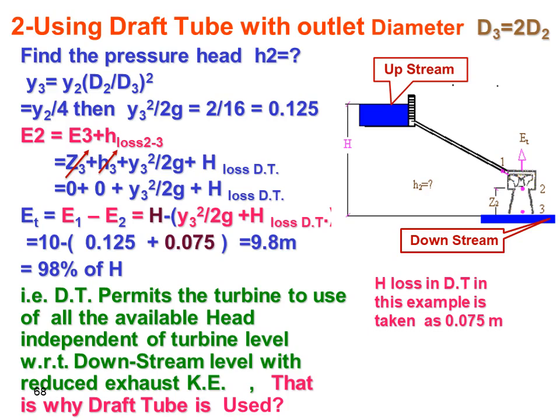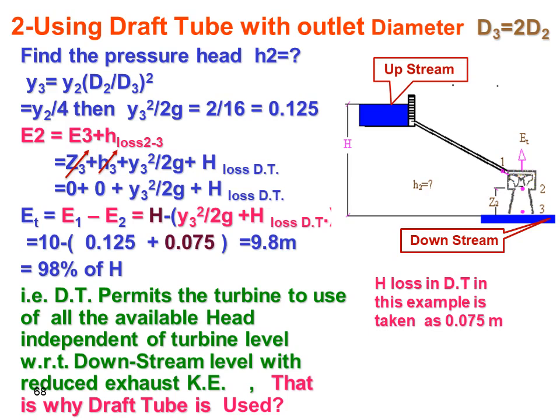Energy at 2 equals energy at 3 plus losses from 2 to 3: E2 equals E3 plus H loss from 2 to 3. E3 equals Z3 plus H3 plus V3 square over 2g, and H loss from 2 to 3 means the head loss in the draft tube.